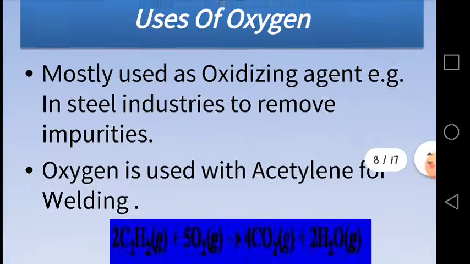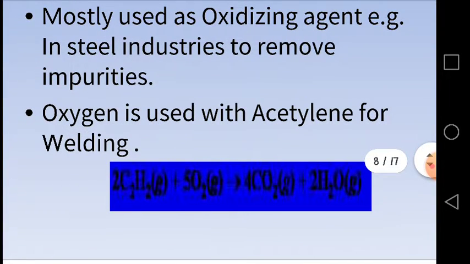The second use of oxygen is in the welding process and in the cutting of heavy metals. Oxygen is used with acetylene and produces a lot of heat, which is enough to melt and cut the steel.